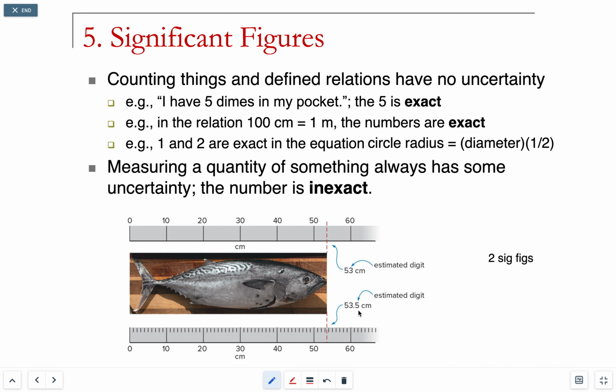Now, both of these measurements are using a device called an analog measuring device, where you actually have to interpolate that last digit or guess on where it is. Digital devices will actually provide numbers for you.